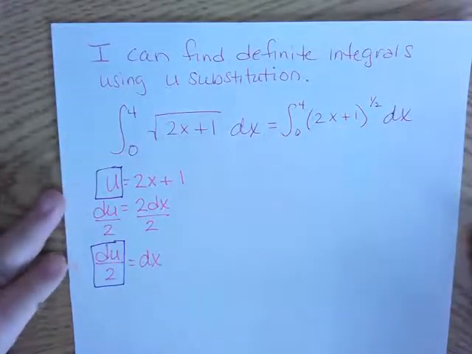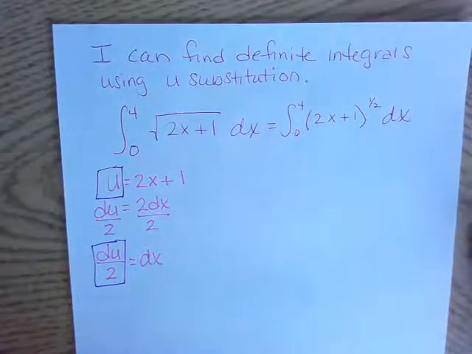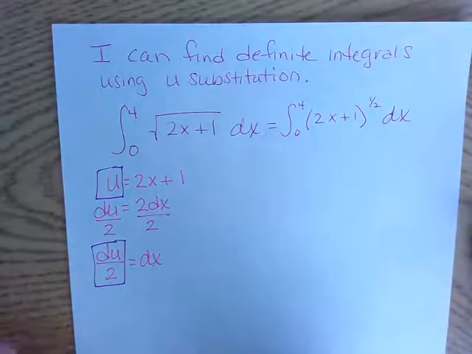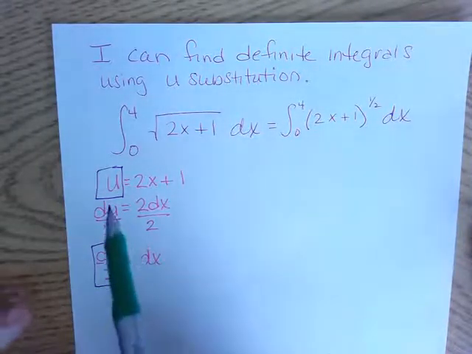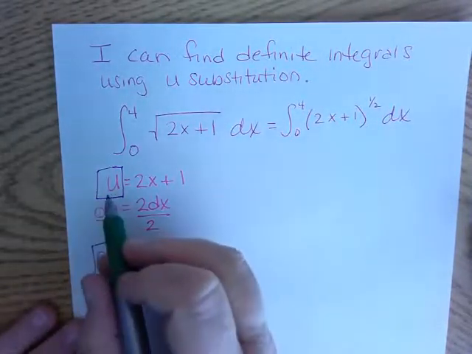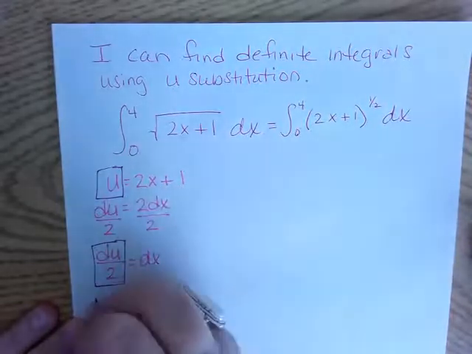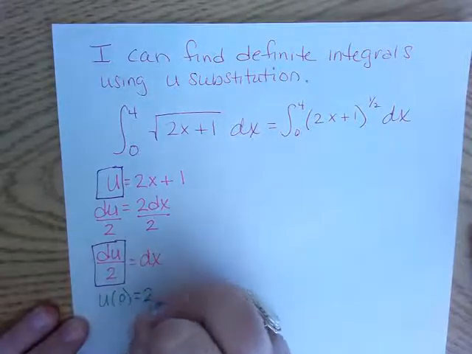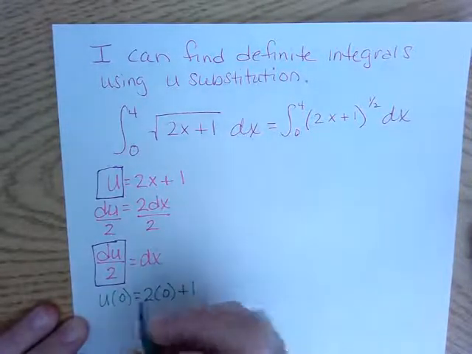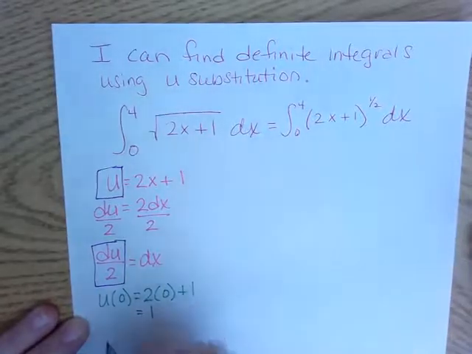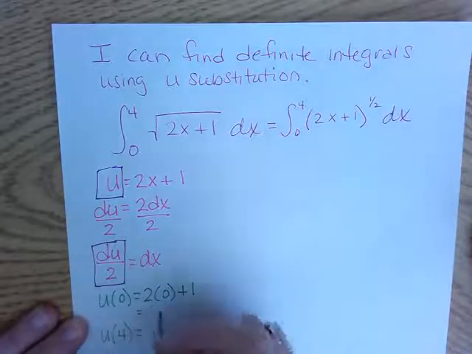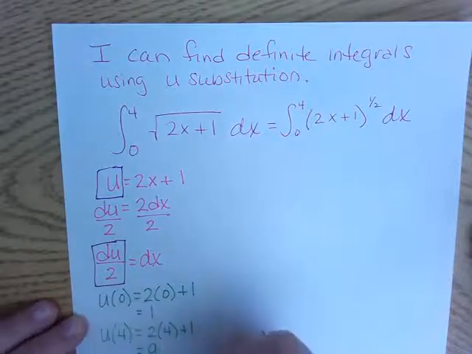I have an a and a b, so I have an extra step. I need to find a and find b for u. So if u equals 2x plus 1, then u evaluated at 0 equals 2 times 0 plus 1, which would equal 1, and u evaluated at 4 equals 2 times 4 plus 1, which equals 9.